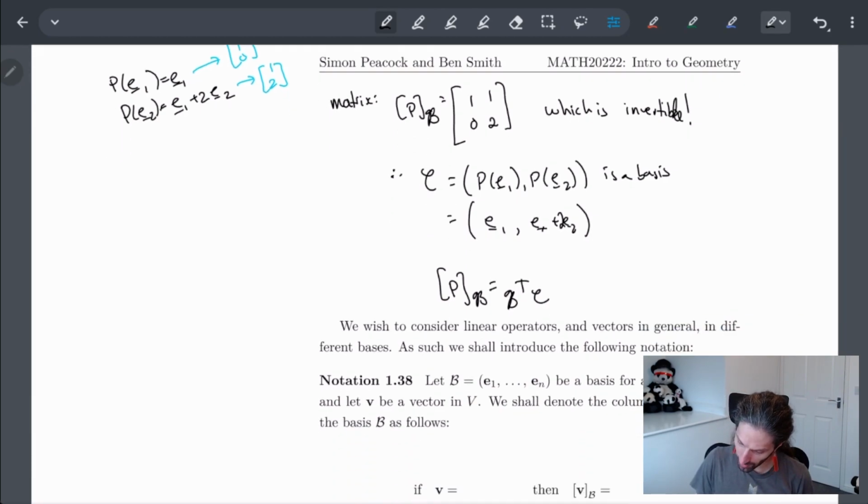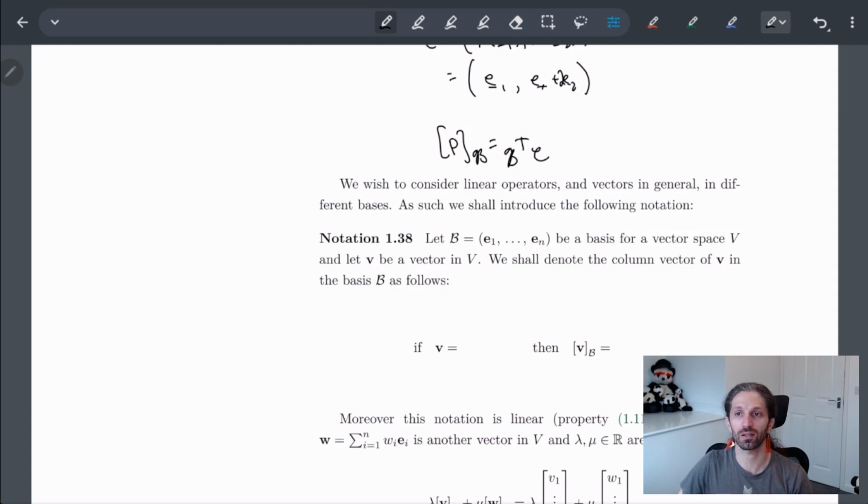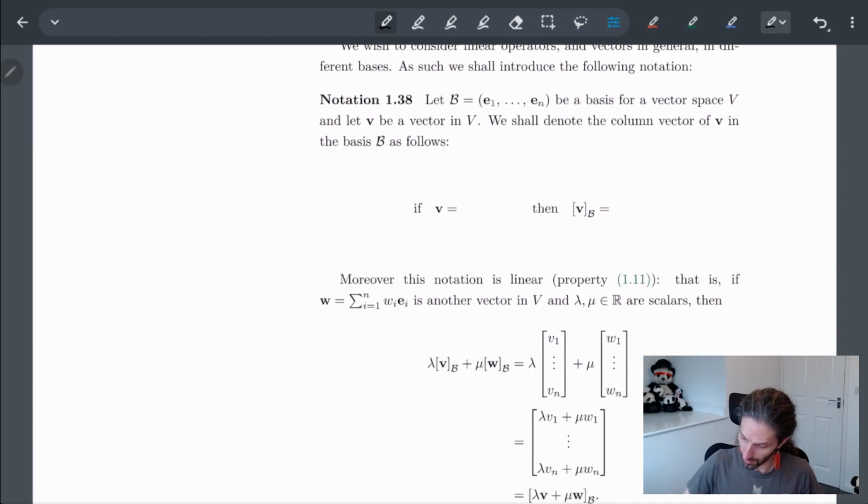All right, so now we want to look at linear operators and vectors in general, and we want to look at them in different bases. And so we're going to introduce some notation to fix things in our brain. So some notation. We're going to have some basis B, and V is going to be some vector in our vector space.